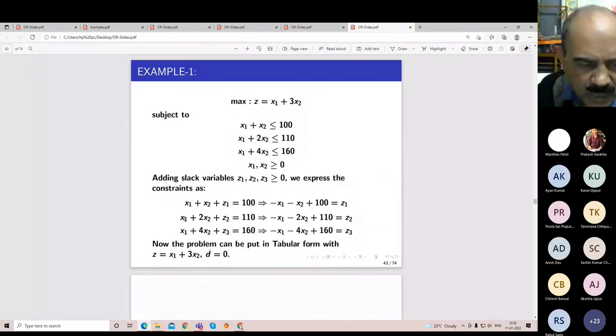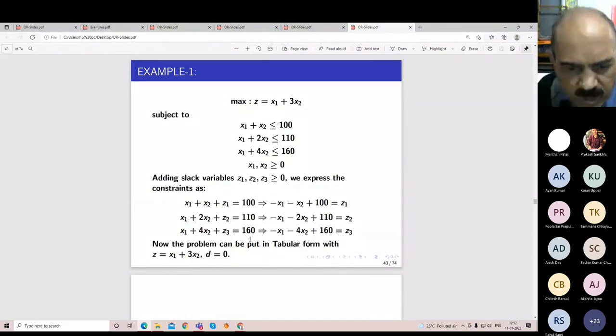Then x1 60, then x2 25. 60 plus 50 and z2 equal to 0, so we got here 110. x1 60, x2 25, 60 plus 100, 160, and z3 equal to 0.